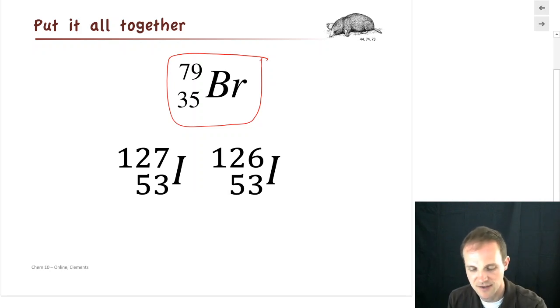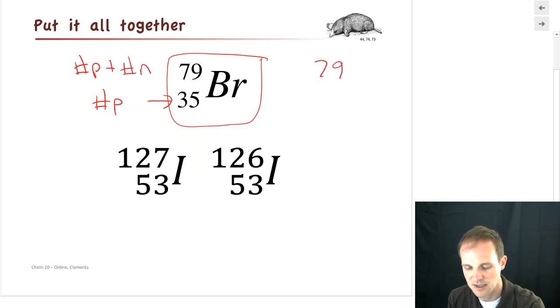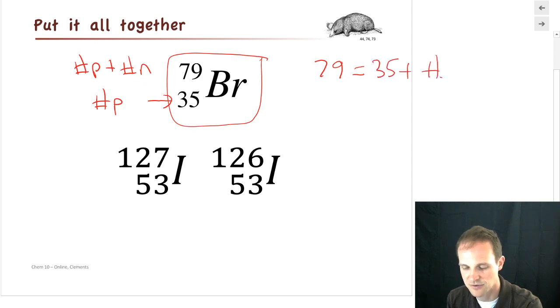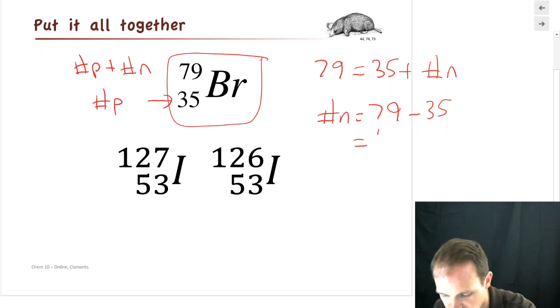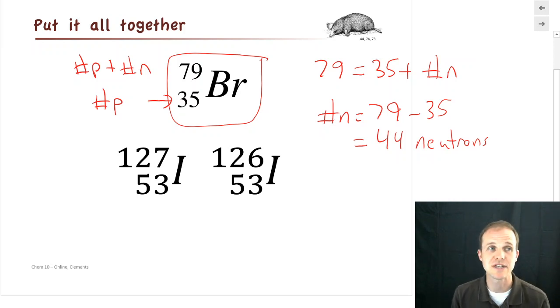No, right? 35 is the number of protons. This one is the number of protons plus the number of neutrons. So 79 is the number of protons, 35, plus the number of neutrons. So the number of neutrons is 79 minus 35, which is equal to 44 neutrons. Right, and we call that element bromine 79.